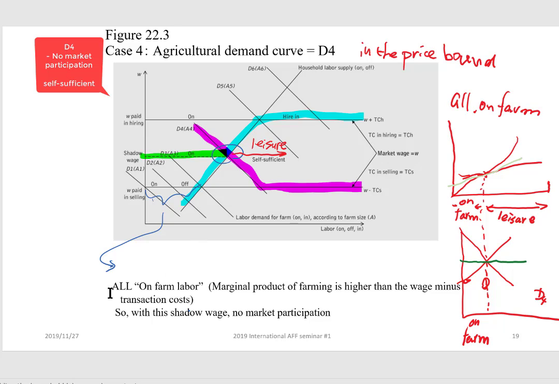So all household labor is used as on-farm labor, because the value of marginal product of farming is higher than the wage minus transaction cost. That is the reason.